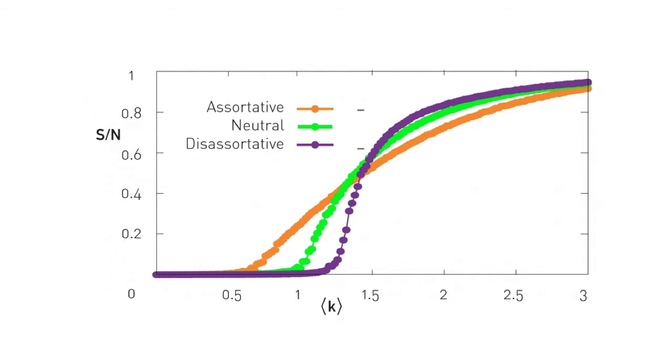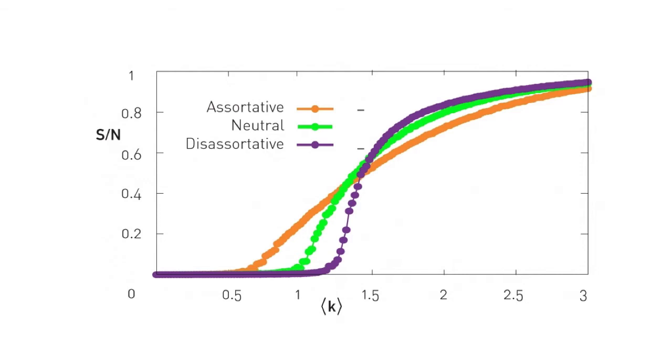What we might notice is that for assortative networks, shown with the orange line, the S to N ratio, the size of our giant component, grows very quickly even before we hit the critical point. Even before the average K value reaches 1, we still have this very large giant component.